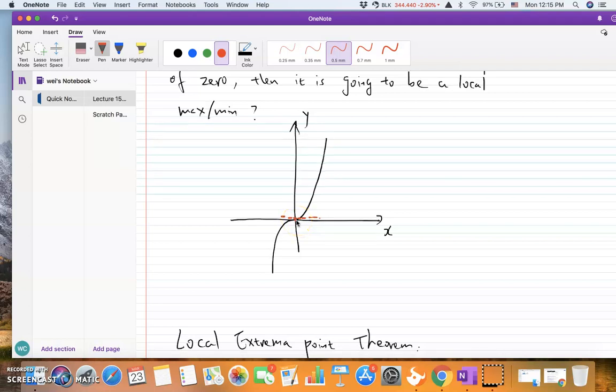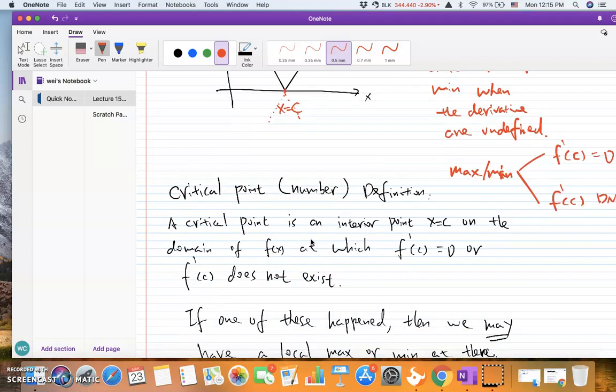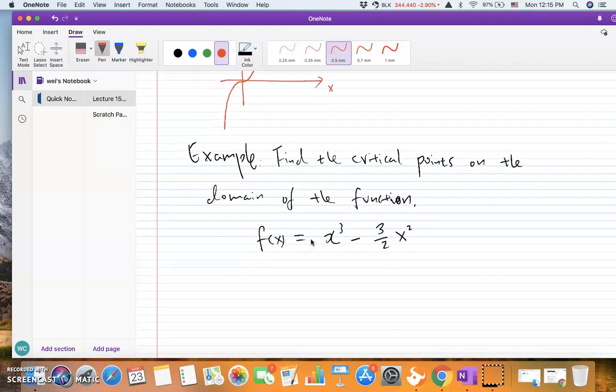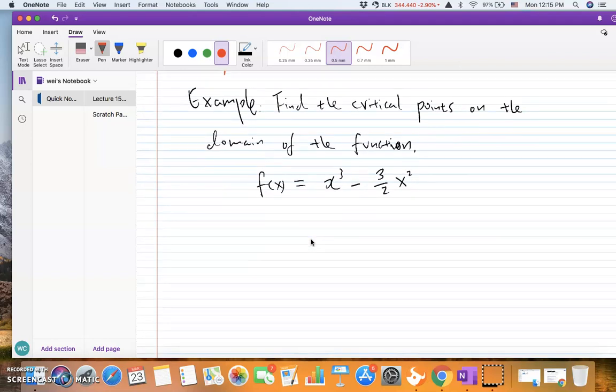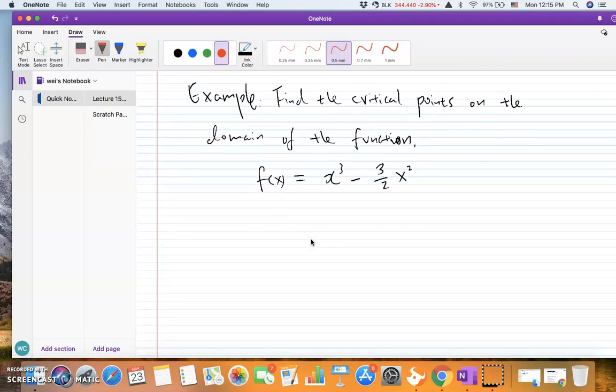But this critical point is neither a maximum nor a minimum. So when we are looking for the maximum or minimum, we first find all the critical points, and then among those critical points we search for the maximum and minimum, because the maximum and minimum can only occur at those critical points.